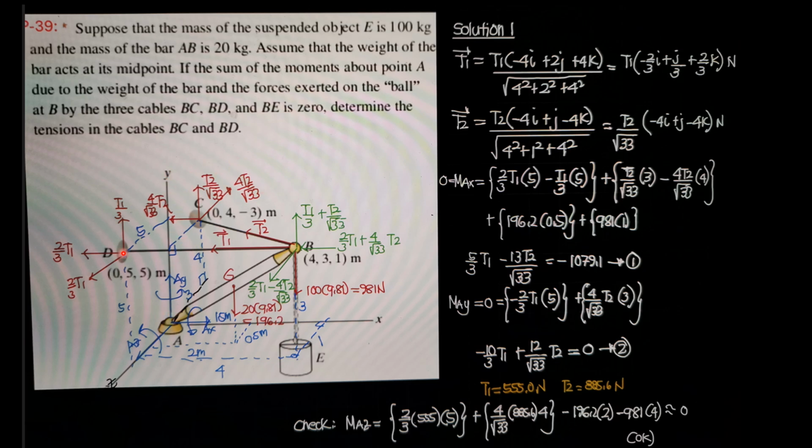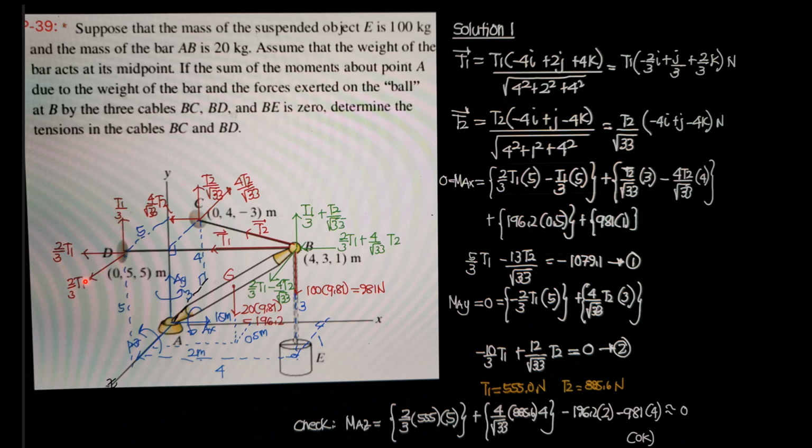So first, for the x, it has moment about the y-axis. This is the positive sense, and the moment of 2/3 T1 is in the negative sense, negative direction. So we have negative 2/3 T1, and the moment arm is 5. Then the y component is parallel, so no moment.